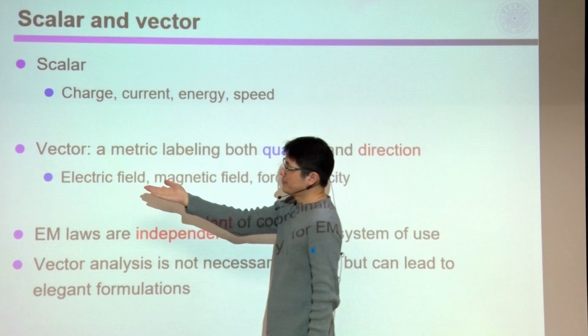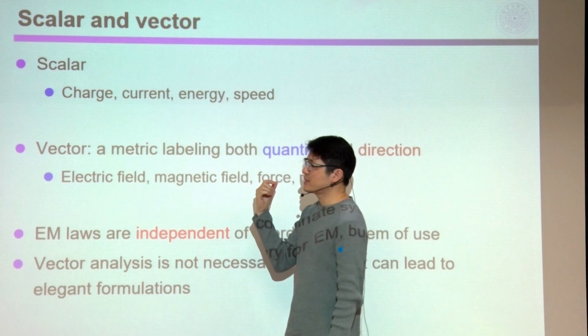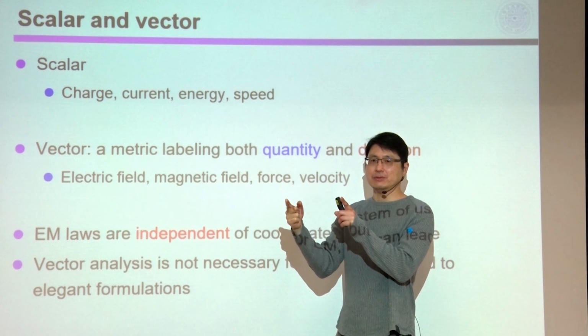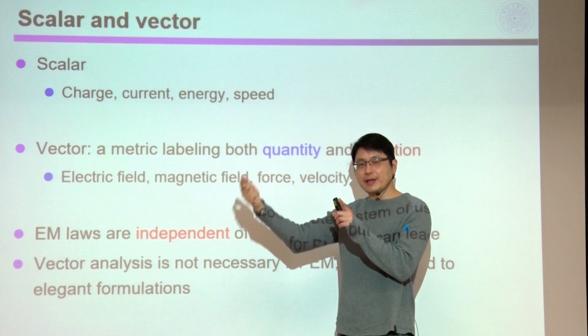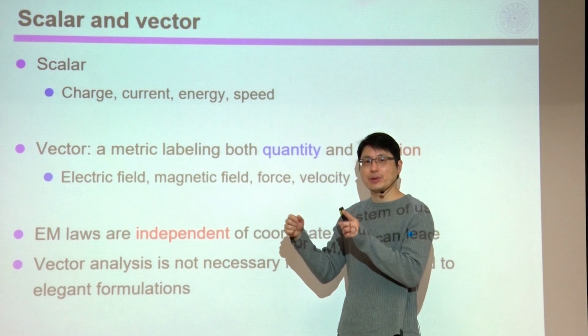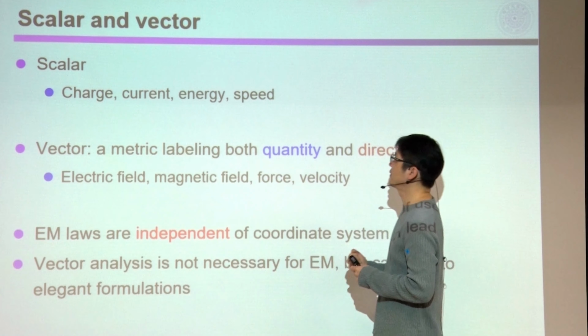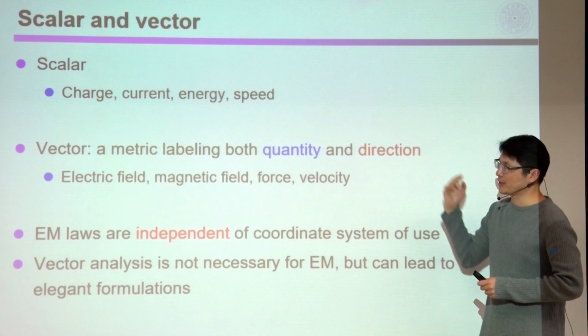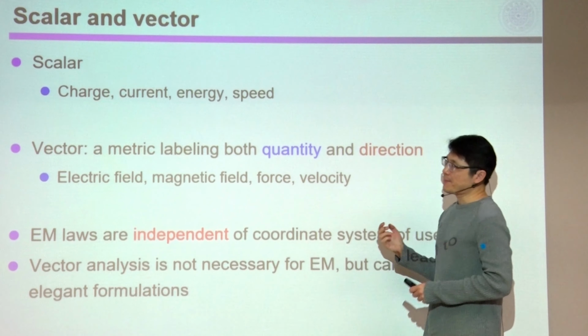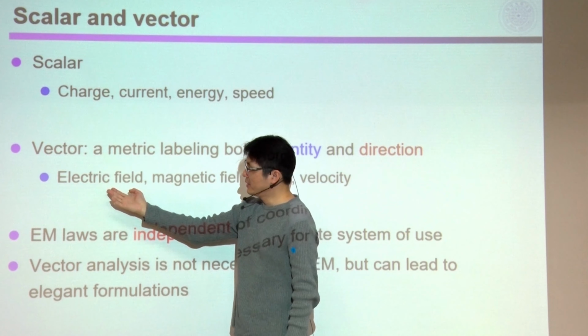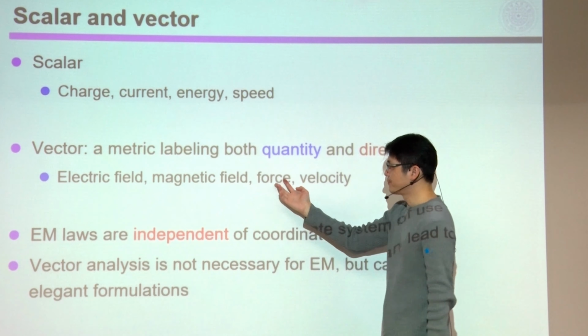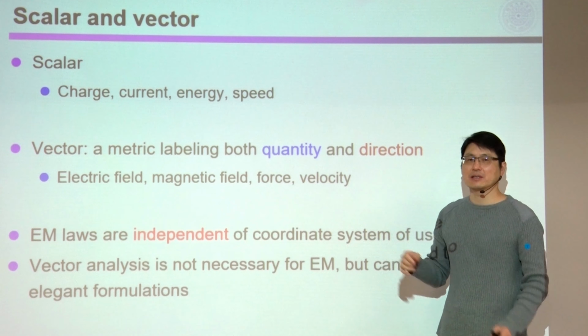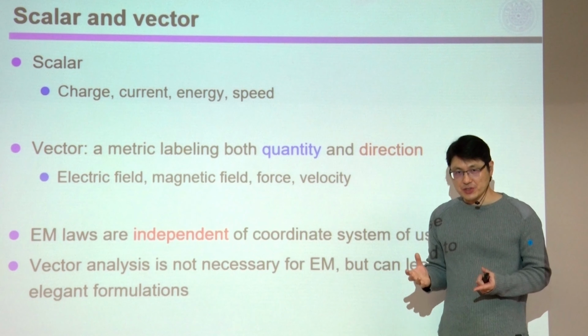A vector, by definition, has some magnitude, some quantity, but in addition to that quantity, you have a direction. So, for example, electric field, magnetic field, force, and velocity are all vectors.